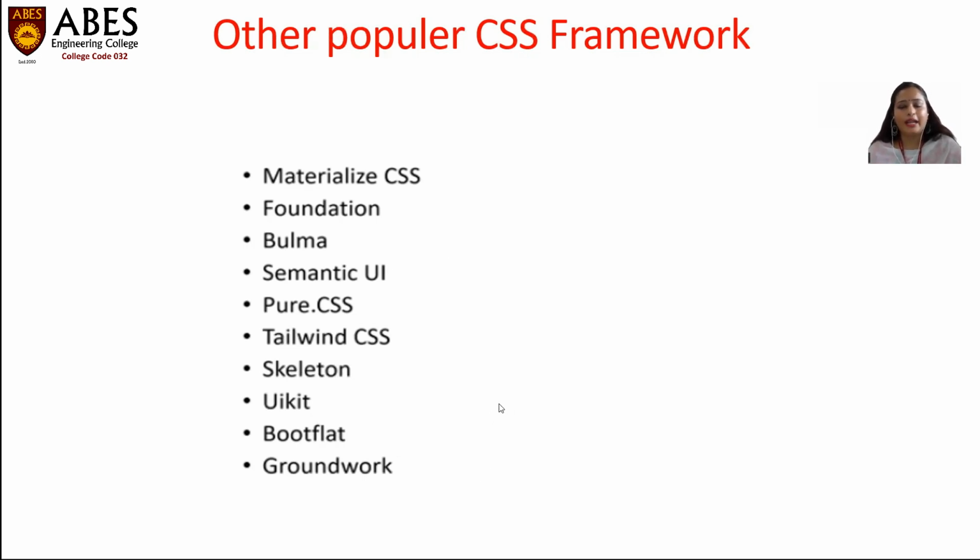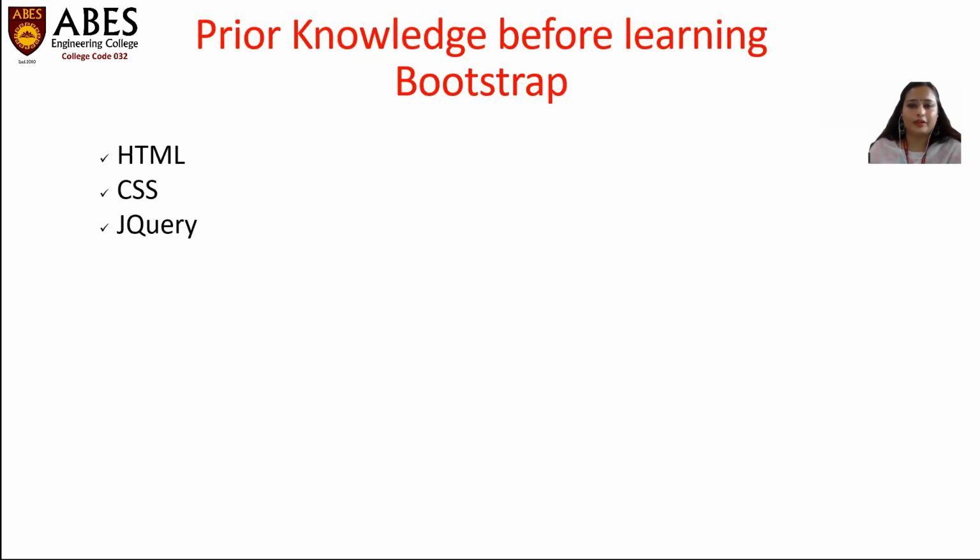If you know the idea of the Bootstrap framework, you can apply these CSS frameworks directly. It is an easy way to apply features, and the component features are common in every CSS framework. So after studying Bootstrap, you should also know about different types of popular CSS frameworks.